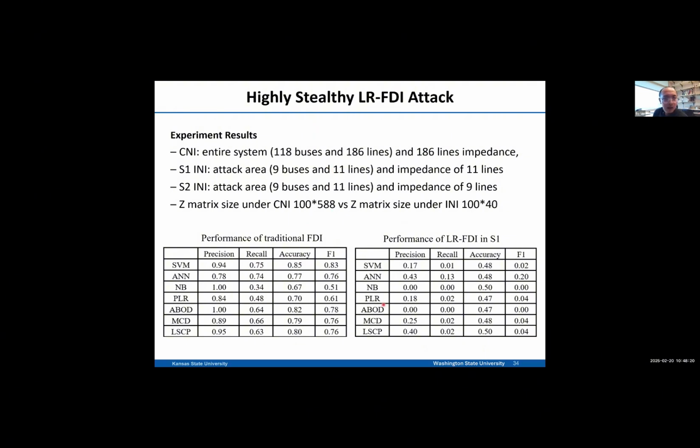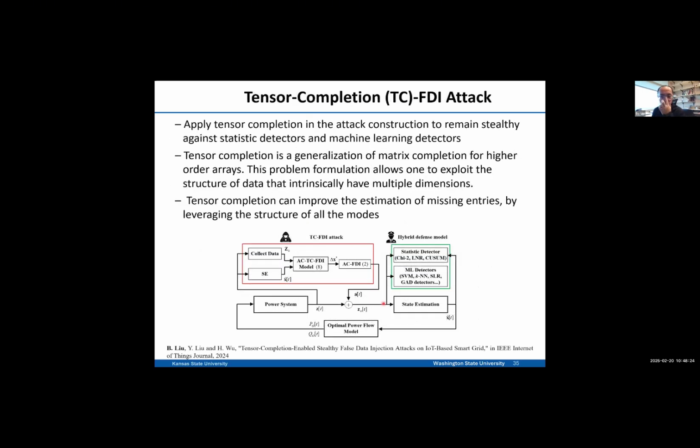Okay, and also now in another work, we apply tensor completion in attack construction, aiming to remain stealthy to the statistical detector and machine learning detectors. Here, tensor completion is a generalization of matrix completion for high-order arrays.